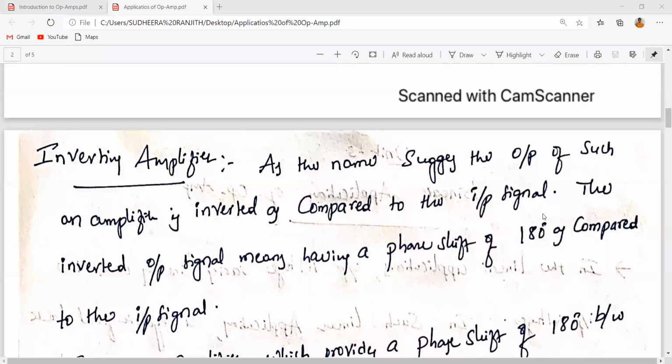Approximately minus Vin, not exactly. There is some constant multiplication factor. So V0 is proportional to minus Vin. The basic theme is that the output is proportional to the negative of the input. That means there is a 180 degree phase shift between input and output, right?